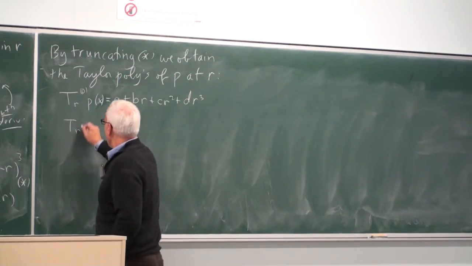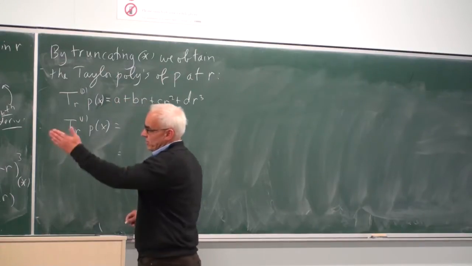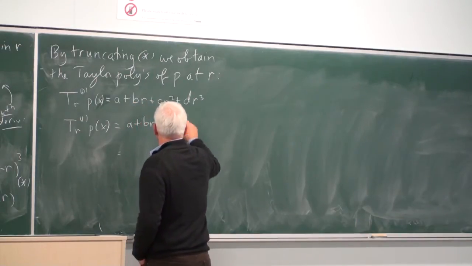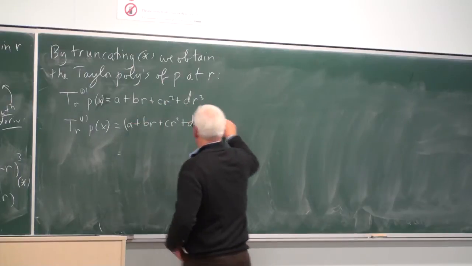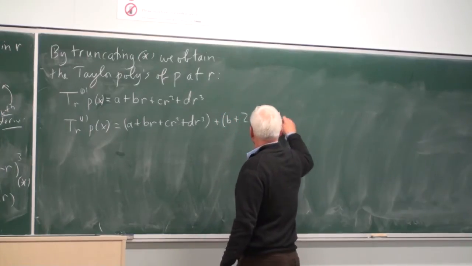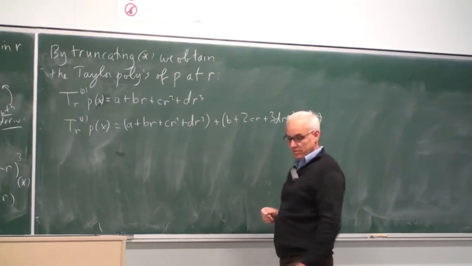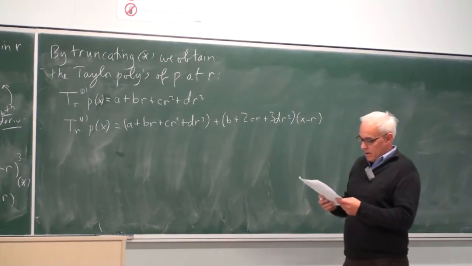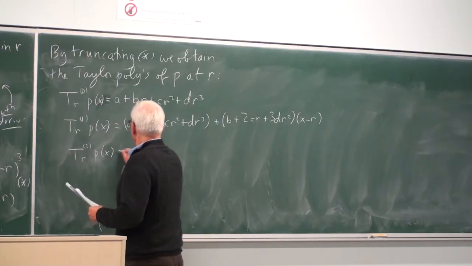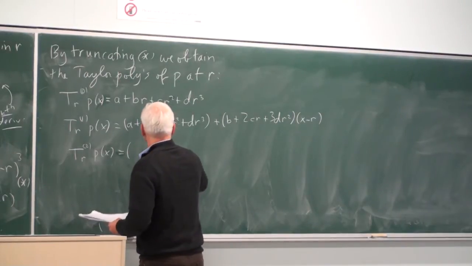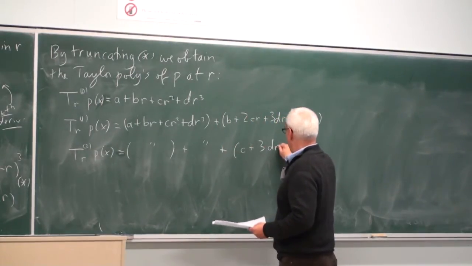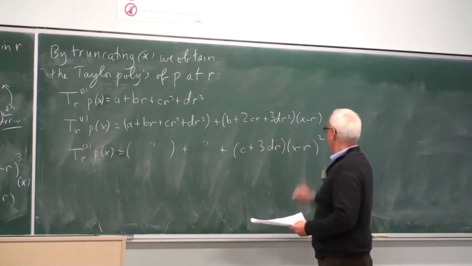And then the next one, TR1, is what you get when you take the first 2 terms: A plus BR plus CR squared plus DR cubed, plus B plus 2CR plus 3DR squared times X minus R. And the second one is all the first 3 terms, so the same thing here, and then finally C plus 3DR times X minus R squared.